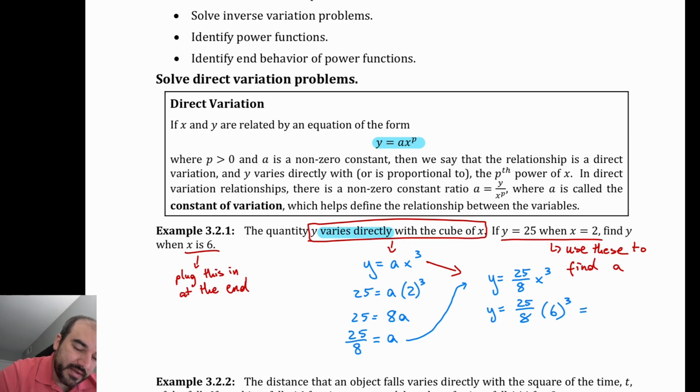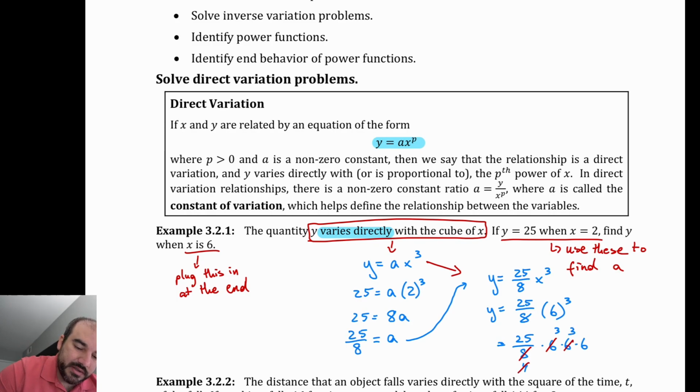And simplifying that, we have 25 over 8 times 6 times 6 times 6 to make our life a little bit easier. We can simplify one of these 6's with the 8. This is a 3 and this is a 4. We can simplify the other 6 with the 4.